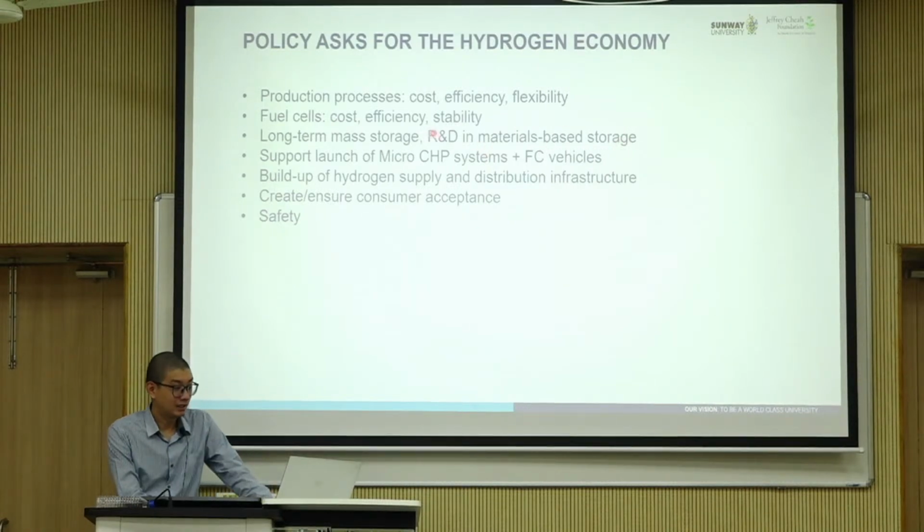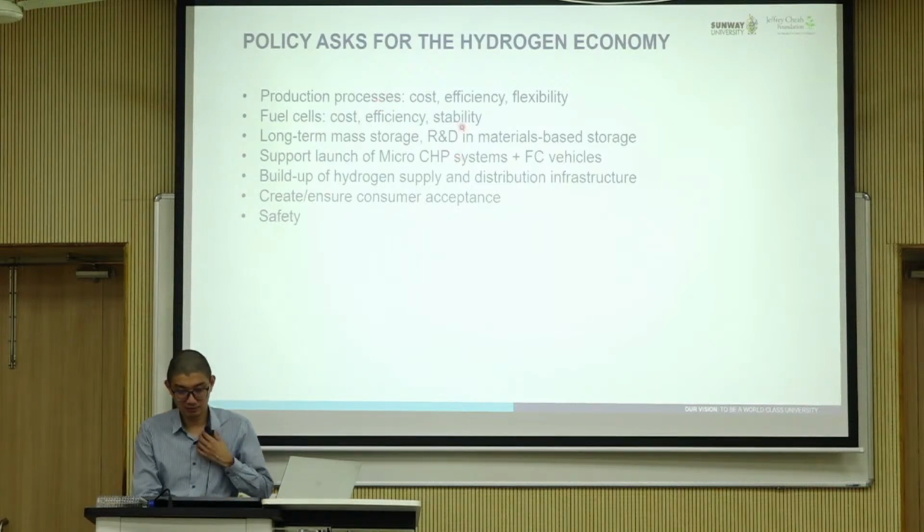We need to make the overall process more cost effective, more efficient and flexible. If you want to make green energy, the fuel cell cost must be lower, and more efficient and more stable.